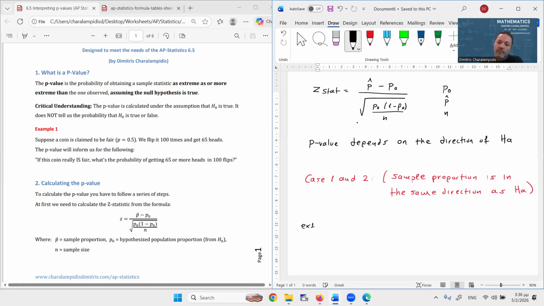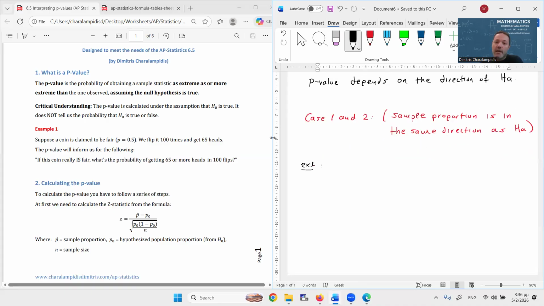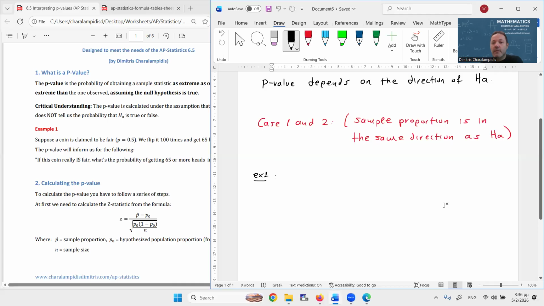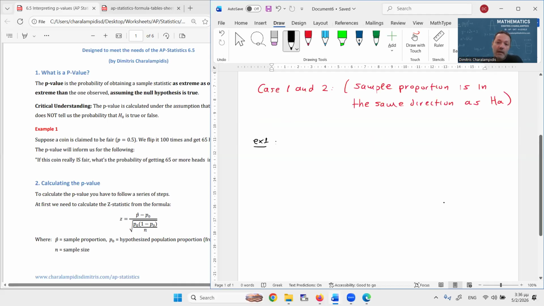Example number 1. Let me make this a bit bigger so that we have more space to work on. Let's assume that for a specific example, the null hypothesis H0 states that the population proportion is 0.62, and the alternative is that p is greater than 0.62.